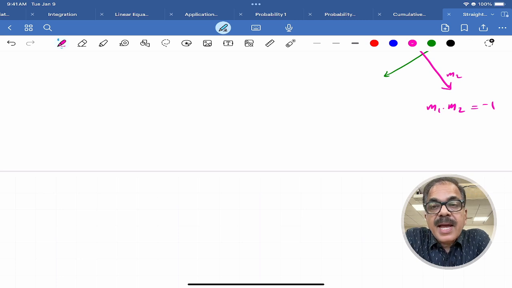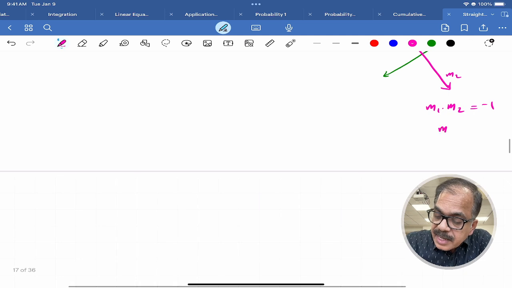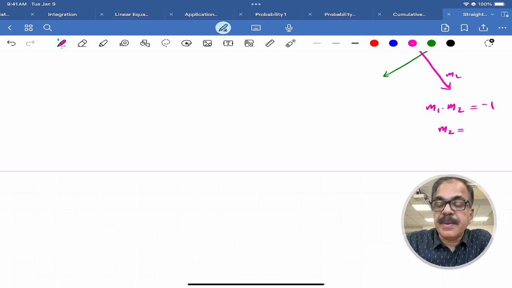Now, that way of checking whether the result is true is called verifying, not actually proving. Proof, as I told you, needs a bit of trigonometric idea, which makes the proof a little easier. I could also say that the gradient of one of these lines, m2, would be negative 1 by m1.